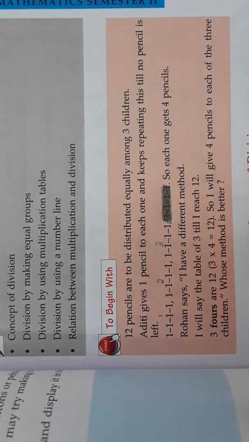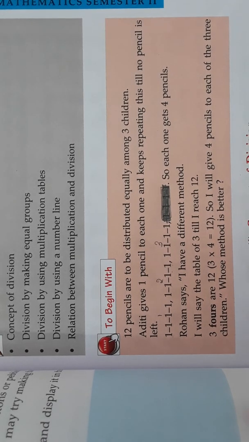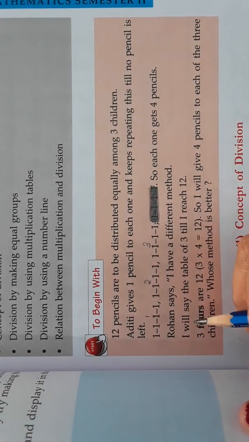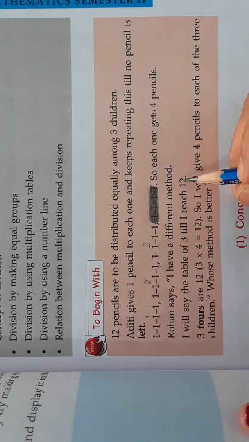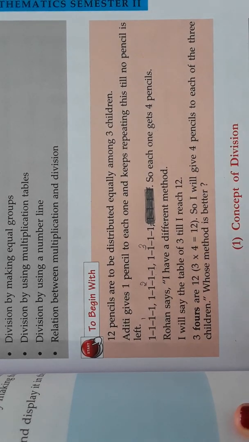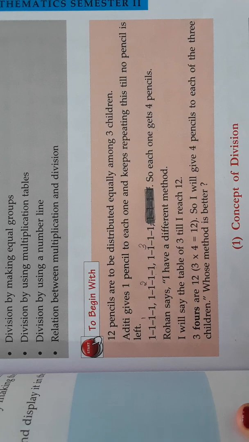But you may think that this will be very difficult, how to divide the given pencils among the given number of friends. So she had a different method. Rohan, Aditi's friend, gave one idea. Using the table, he divided the 12 pencils equally among 3.